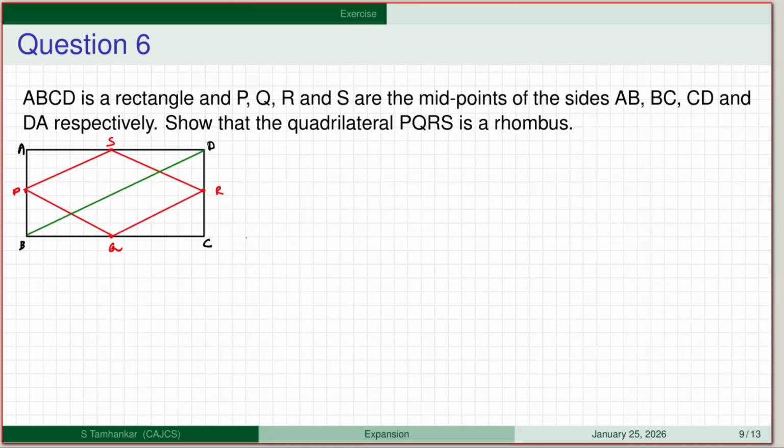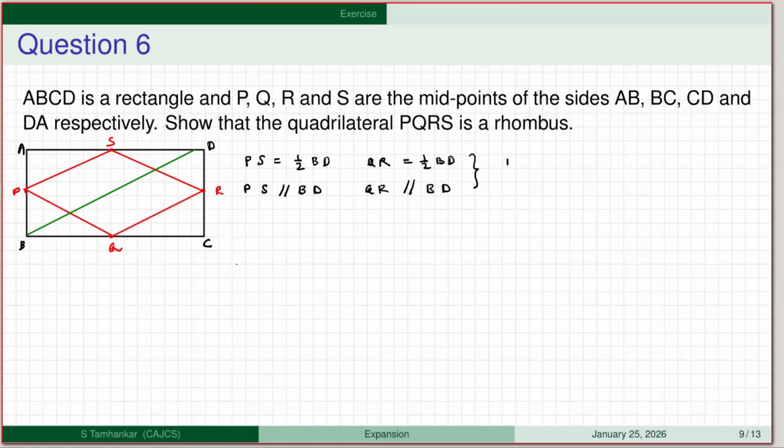Now in the previous question, we have proved one thing. We got PS equal to half of BD, and we got PS parallel to BD. We also proved that QR is equal to half of BD, and QR parallel to BD.